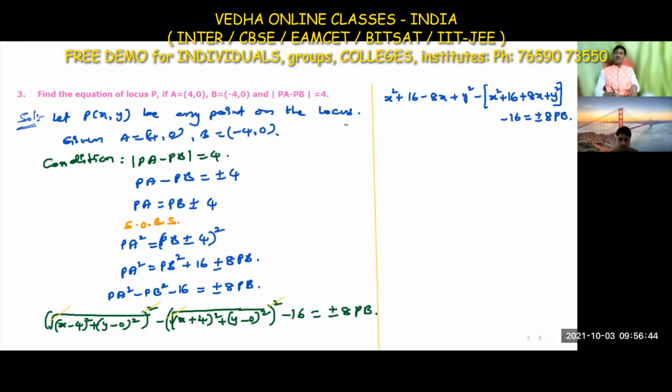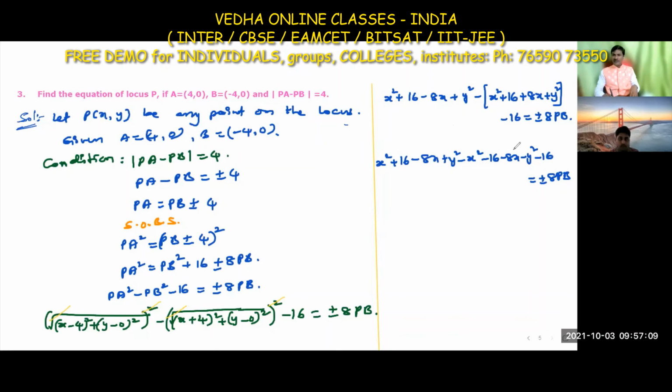I am writing the PB as it is. So now here x square plus 16 minus 8x plus y square, multiplied by minus x square minus 16 minus 8x minus y square, and minus 16 is equal to plus or minus 8 PB.